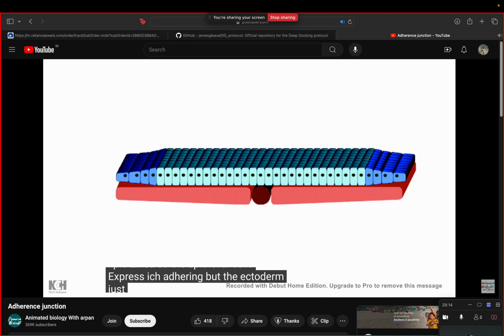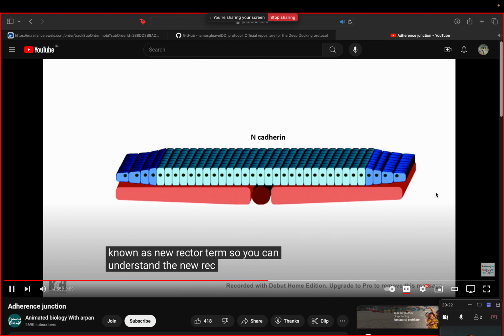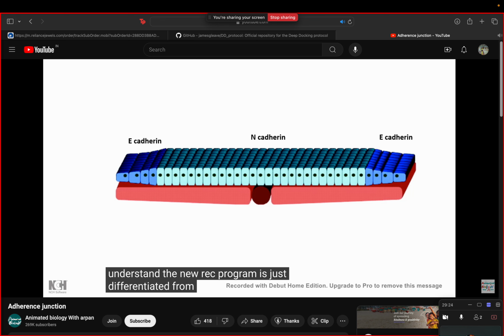But the ectoderm just on top of the notochord starts expressing N-cadherin, and is otherwise known as neuroectoderm. So you can understand the neuroectoderm is differentiated from the nearby ectoderm by the expression of a different cadherin, N-cadherin, while the other ectoderm tissue expresses E-cadherin. So depending upon the expression of the adherens junction proteins, the tissue identity could be different.